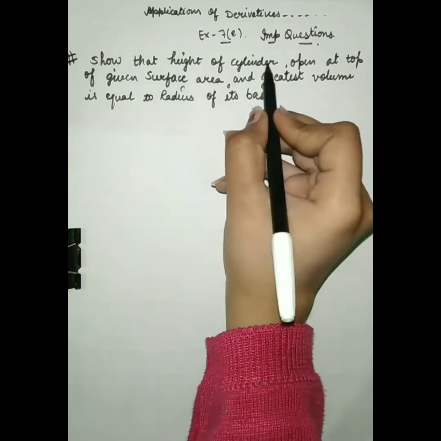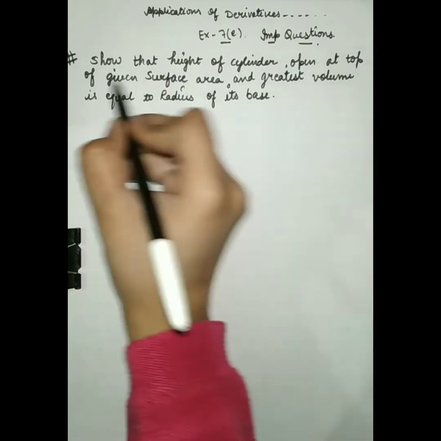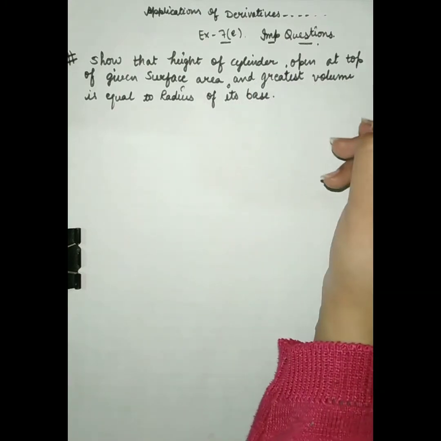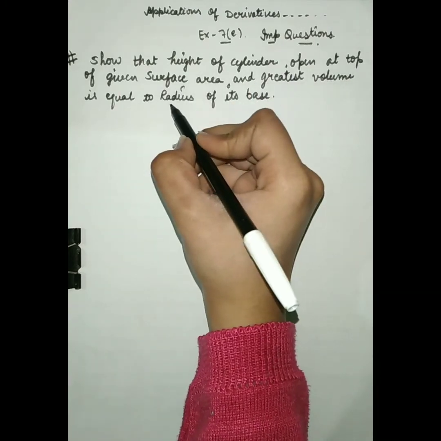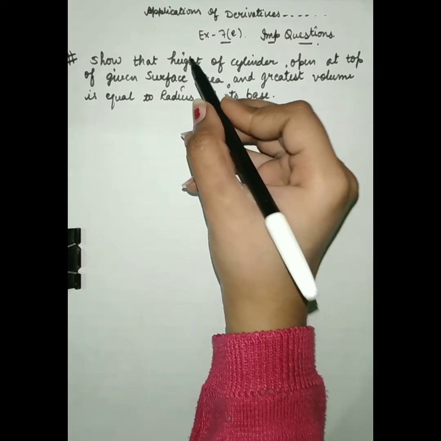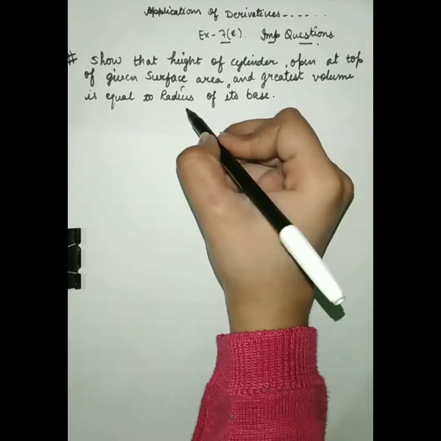Question is, show that the height of the cylinder which is open at the top, of the given surface area and greatest volume, is equal to the radius of its base. That means we show that height will be equal to the radius of its base.